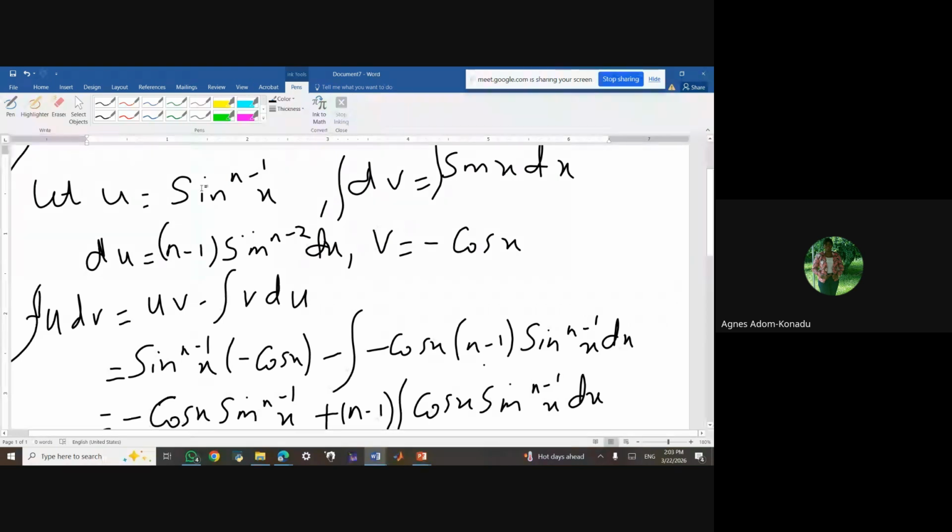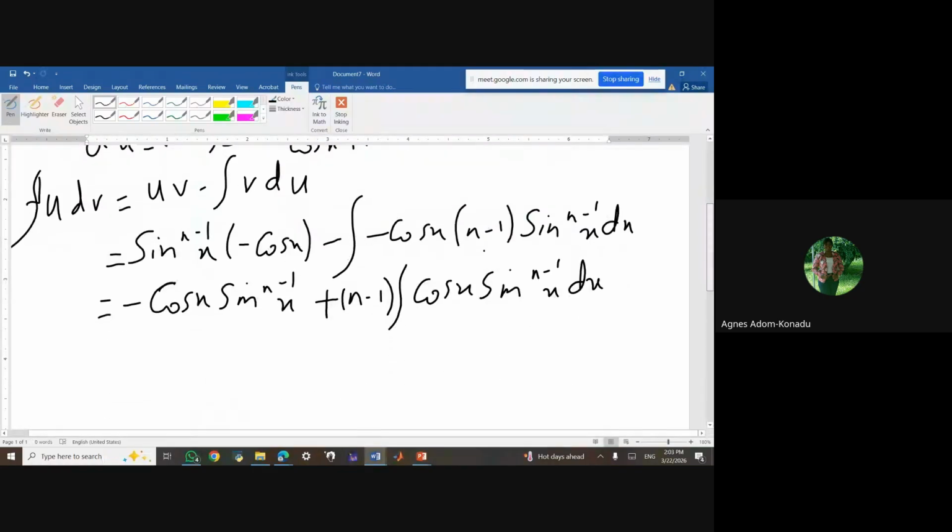Is it true? Are you with me? Yes, madam. We didn't finish with that one, so I have to add the differential of sine, which is cos x dx. So my dx is not done. I have to add cos x dx.